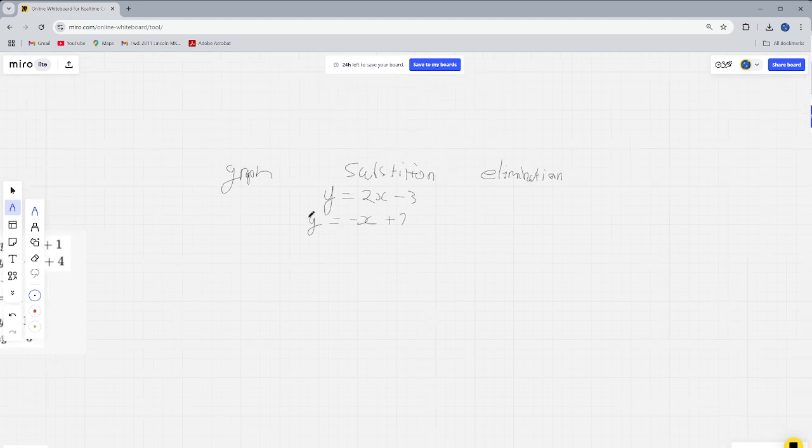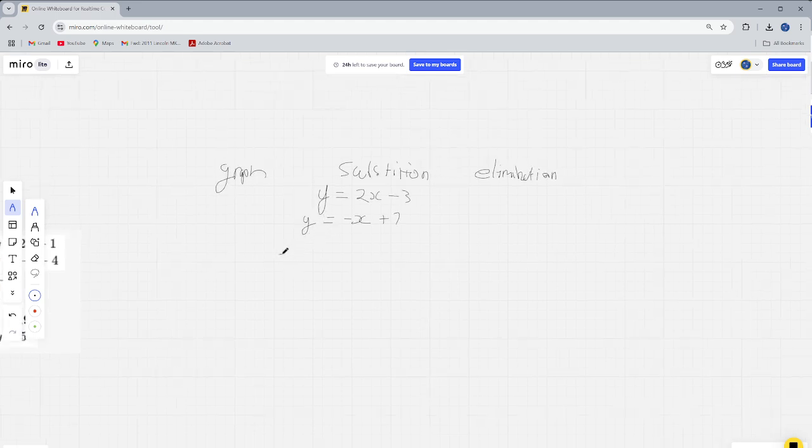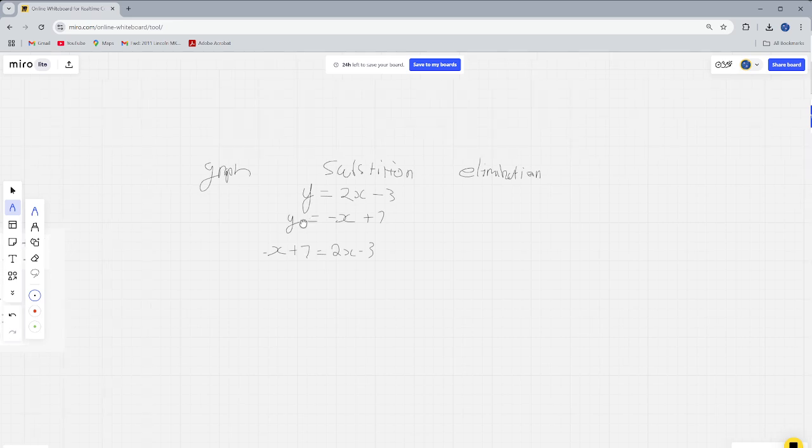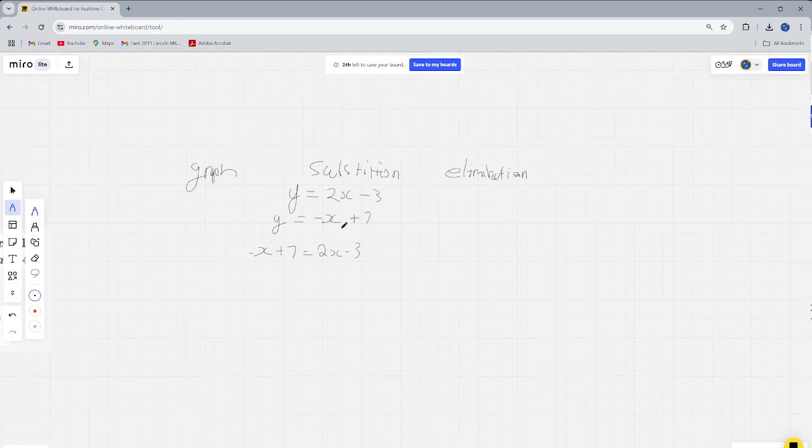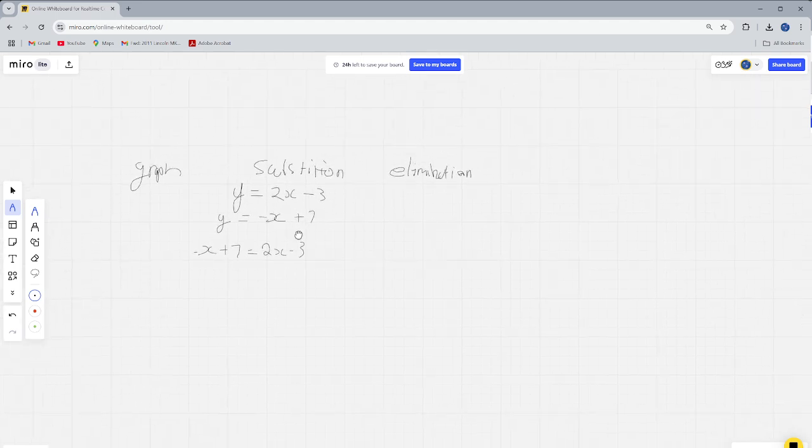So it's very easy to substitute one of these y's and make these equations equal. So negative x plus 7 is equal to 2x minus 3. The reason it's so easy is because we already have y isolated on one side. Substitution is going to be a great method for that.